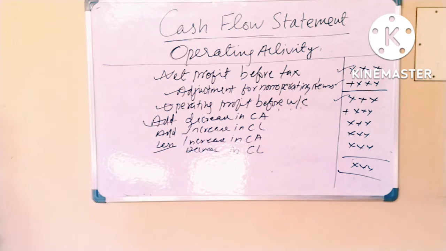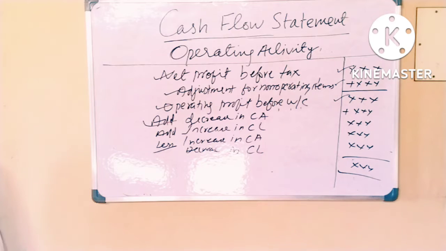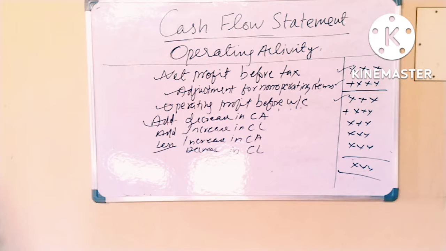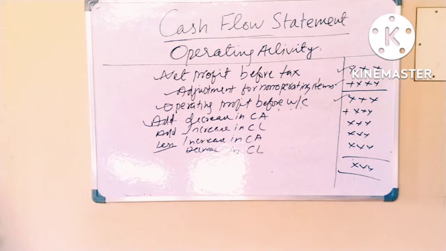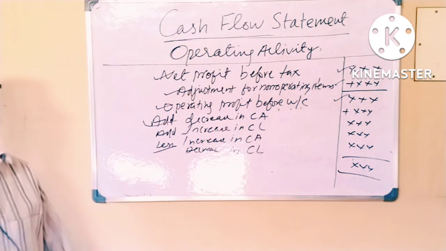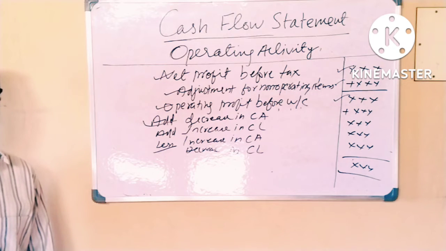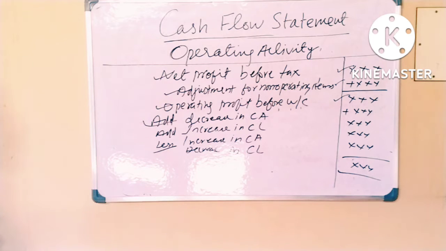Next, when there is an increase in current liability, for example trade payable or bills payable, first year it is 25,000, second year it is 50,000. Here definitely the value of current liability is going up. So it is called increase in current liability. The value of liability is going up, and that difference is the increase in current liability.